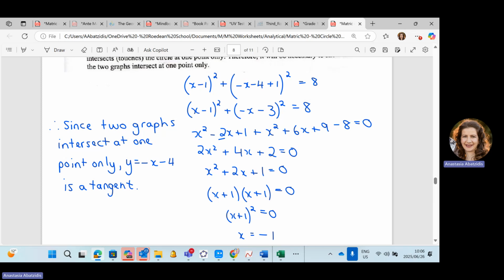If I got one solution, it means the straight line and the circle intersect at 1 point where x is -1. If I got two solutions, it means that the straight line is intersecting the circle at 2 points. So it's got nothing to do with the gradients.